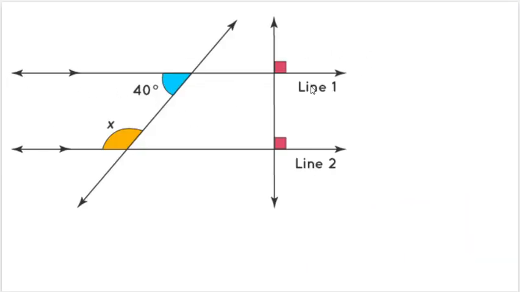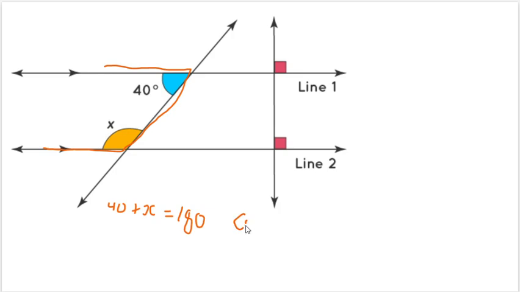An example is this. We have line 1 parallel to line 2. Since line 1 is parallel to line 2, we can conclude that to find X, we have to make our U shape. So 40 plus X equals 180. Remember, since this is geometry, you must always have a reason.